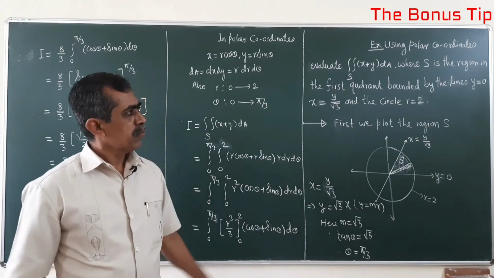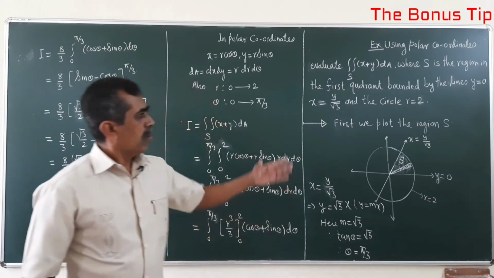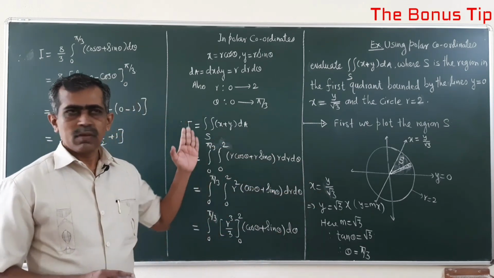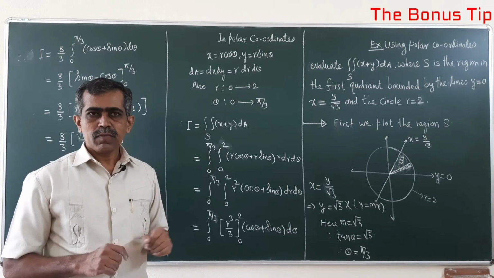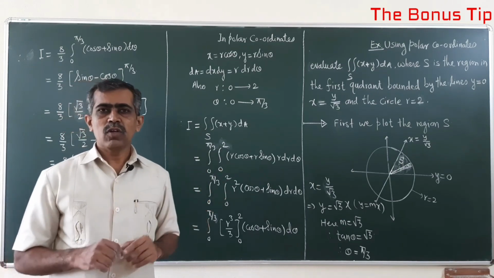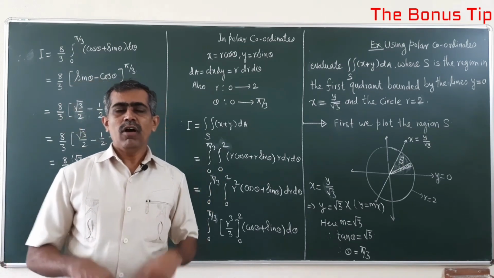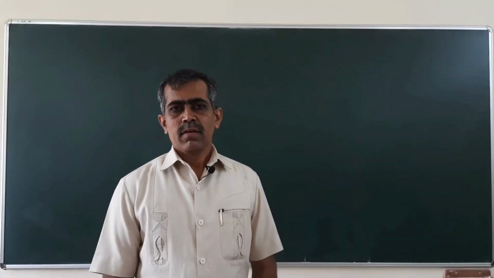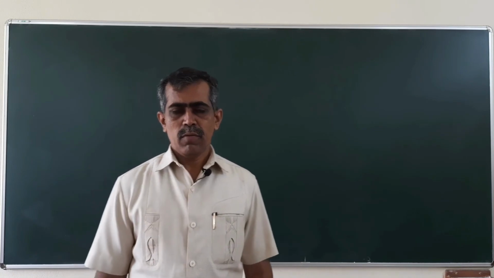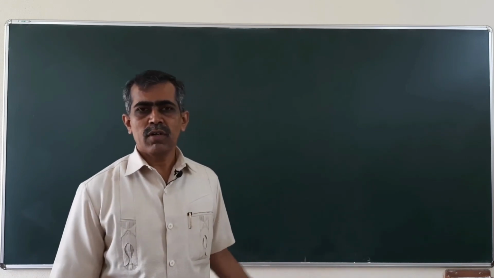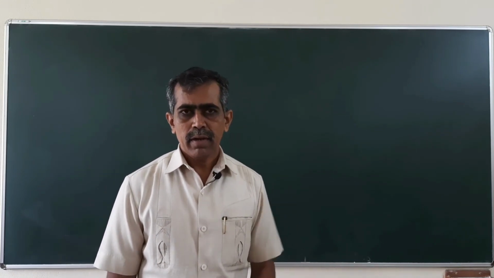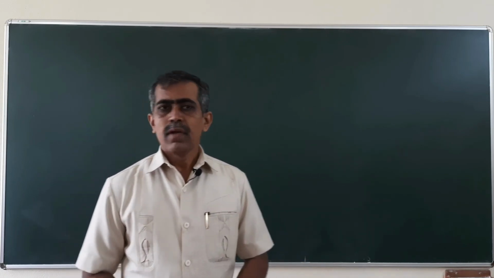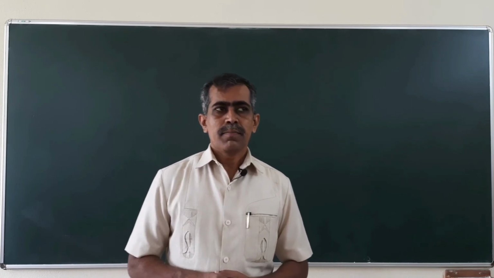So I think you are now familiar with the trick of how to use polar coordinates in the evaluation of a double or maybe a triple integral. So friends, hope you have enjoyed the problems on change of variable in double integrals. Similarly, you can deal with change of variable in triple integrals also.